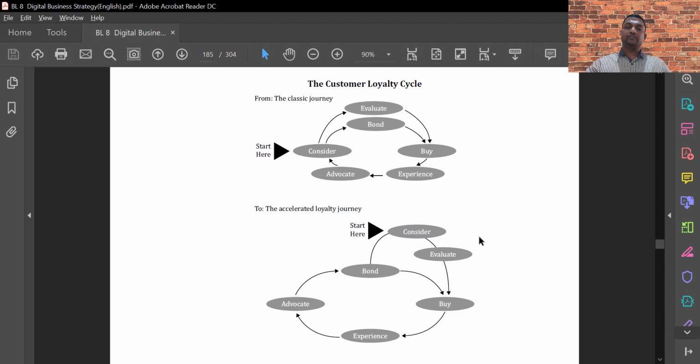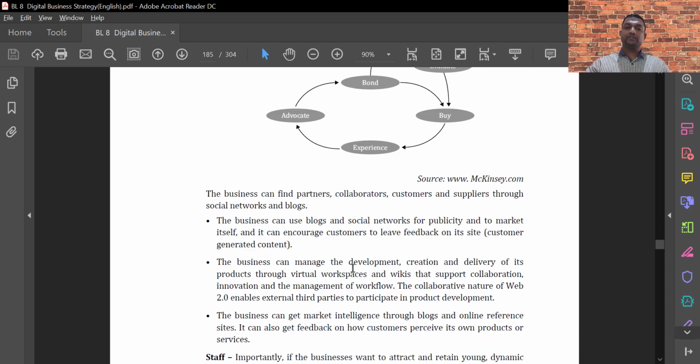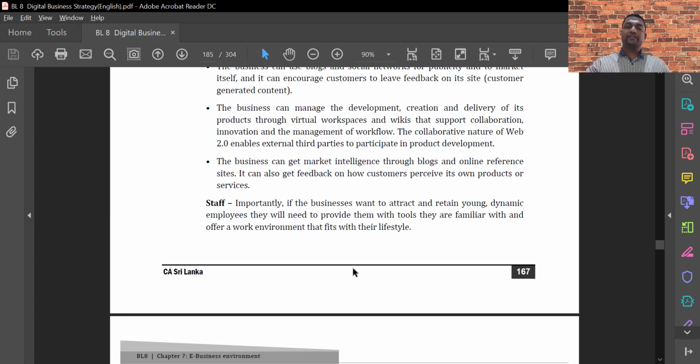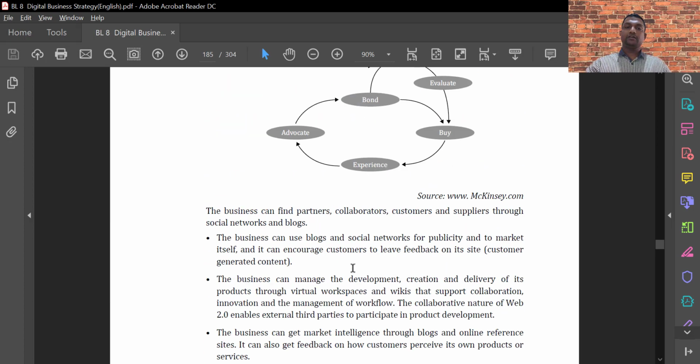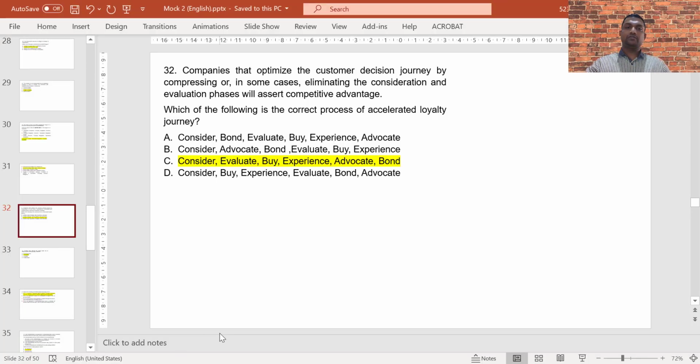Explanations and descriptions are given as well. As given in the question, consider, evaluate, buy, then experience, then advocate, and finally bond. So answer C is the correct answer for question number 32.